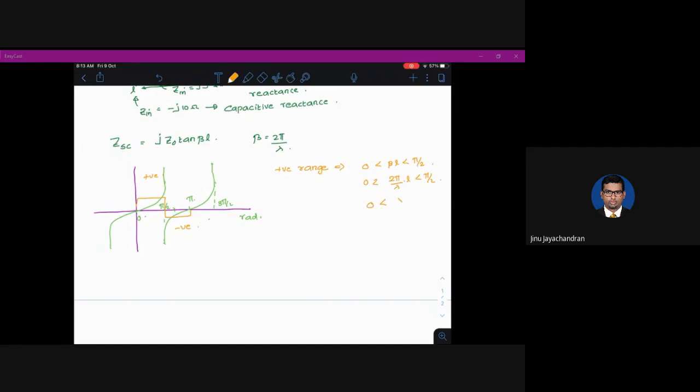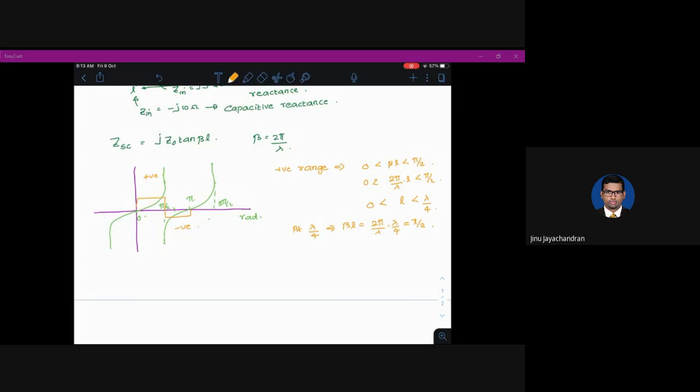L should be between 0 and lambda by 4, because at lambda by 4, beta L is 2 pi by lambda into lambda by 4, that is pi by 2.